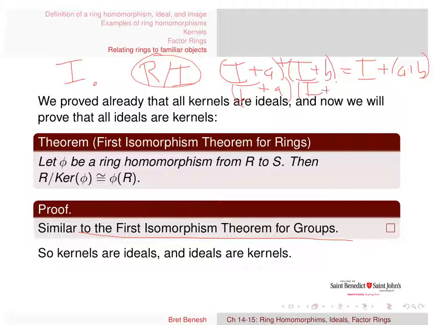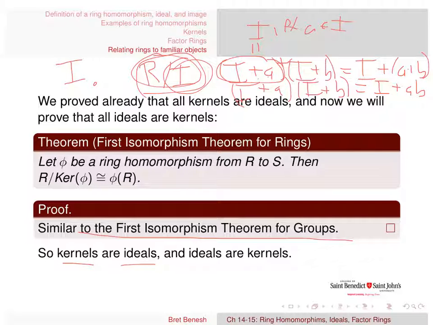Again, you need I to be an ideal in order for this to work out, just like you need normal subgroups for this to work out. So this is going to be true, and so the kernel of this is going to be everything in I, because I plus a is going to be equal to I if and only if a belongs to I. So that's basically what we can do. Every kernel is an ideal because we basically define ideals to be kernels. And if you have an ideal, you can mod out by it, and you're going to get a kernel.